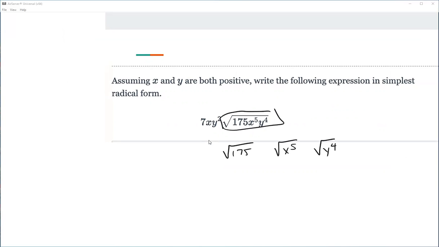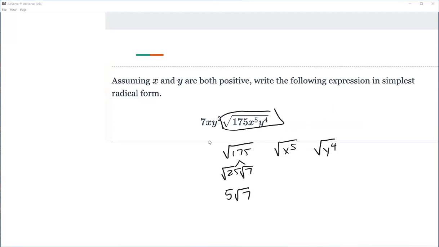So 175, it's 25 and 7. And we don't have to do the GCF method because this is the perfect square method. So if we square root both, this is just 5 radical 7, because the square root of 25 is 5, and we can't do anything with the square root of 7.